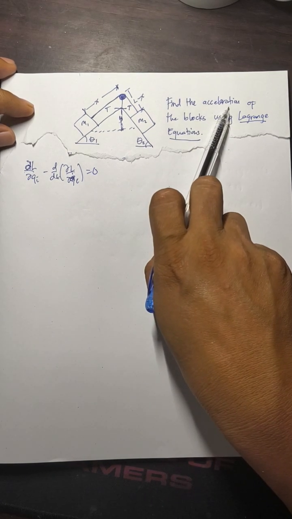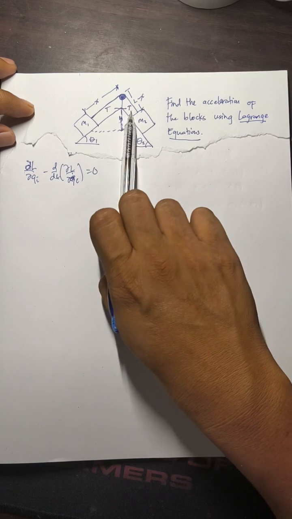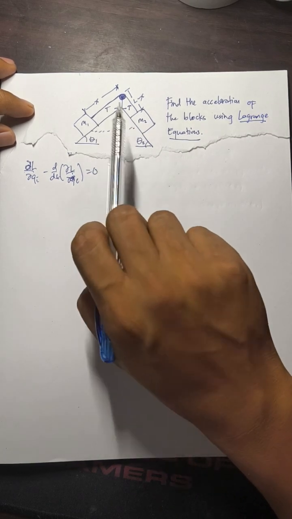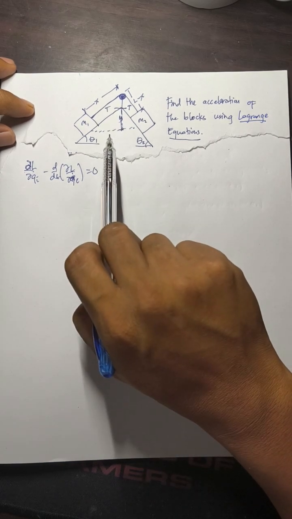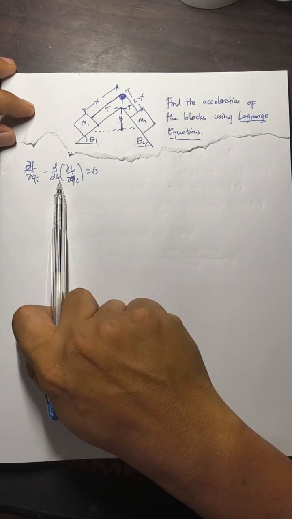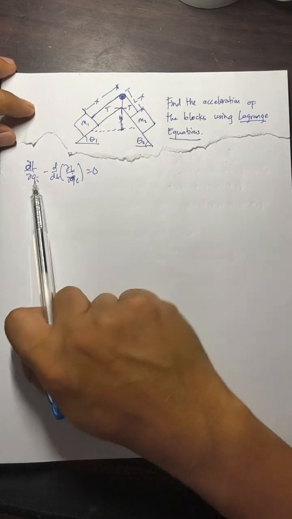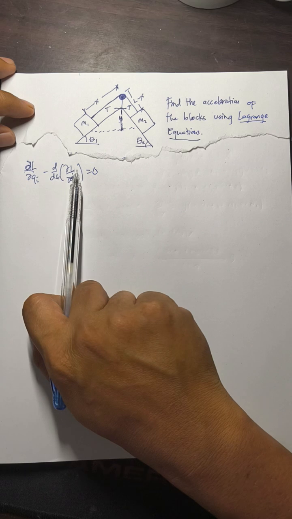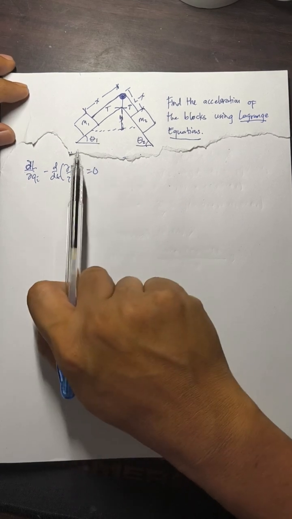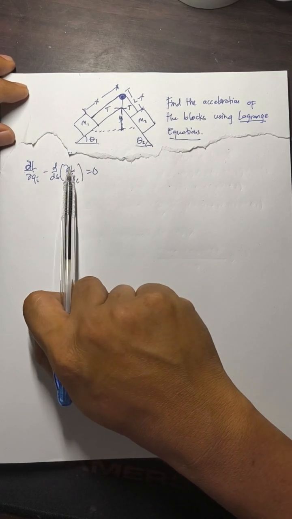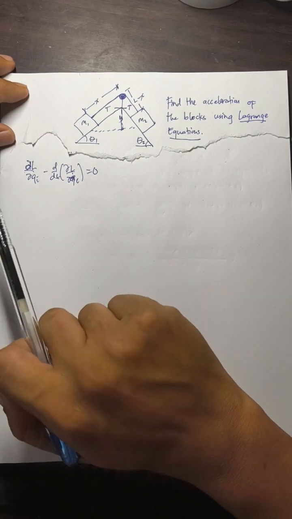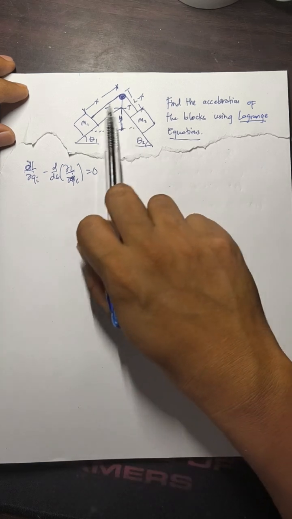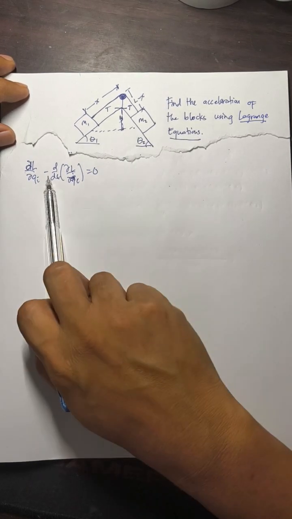But in case we are interested in tensions, like the tensions of the cord, these are constraint forces, so we cannot get an expression for them if we use this equation directly. We will actually need to use the Lagrange multiplier form to find the constraint forces. Okay, but I'll solve this in two methods. If I'm just interested in the acceleration, this is okay. But if I want to get the tensions on both sides, then this is not okay.